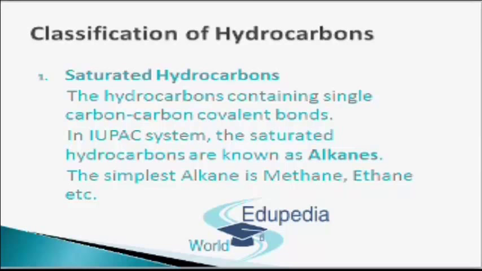In saturated hydrocarbons, each carbon atom is bonded to 4 hydrogen or carbon atoms, and all the carbon atoms use their full combining capacity by forming single covalent bonds with hydrogen or other carbon atoms.